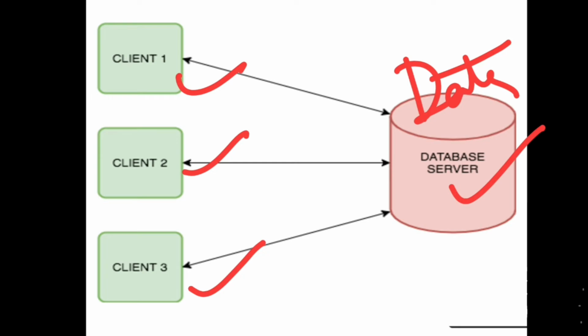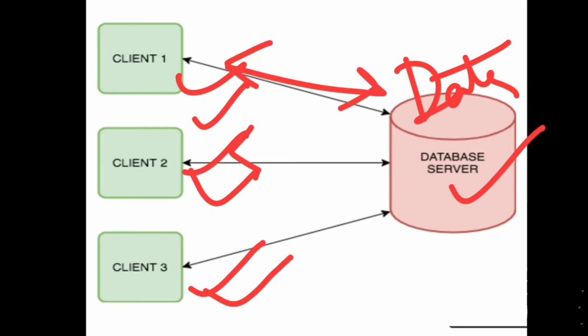So it's easy to secure the data on one computer, that is the server computer, rather than maintaining the security on n number of client computers. So now you can easily understand that in two-tier architecture, there is a direct interaction between the client and the server.